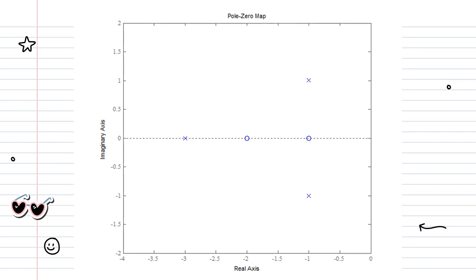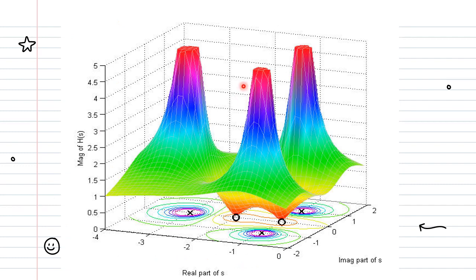So we're going to see a few of those. Here we have another representation. In here, down below on the floor, we can see that we have our zeros that are the tiny circles and our poles represented by the tiny x's.